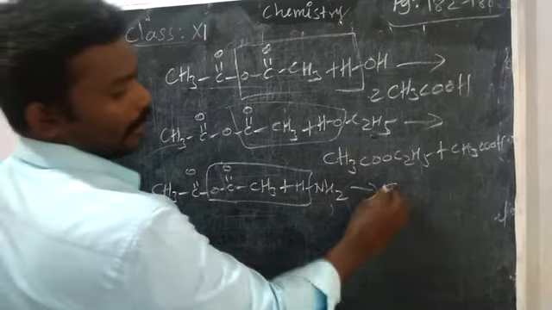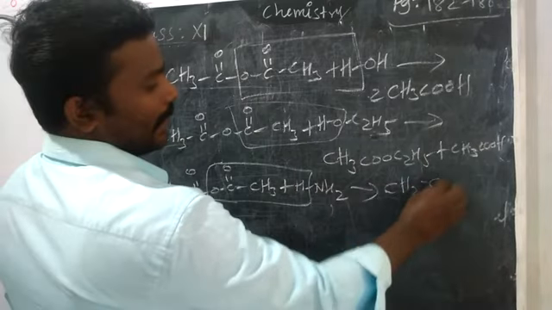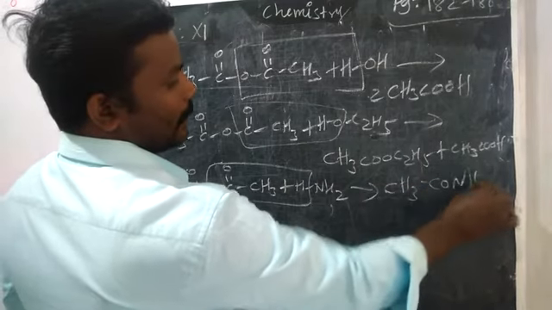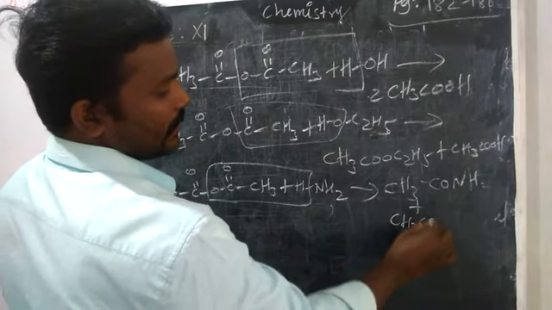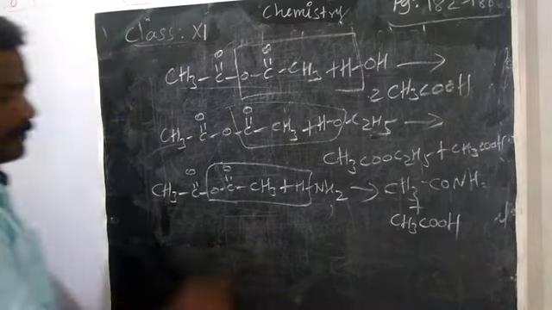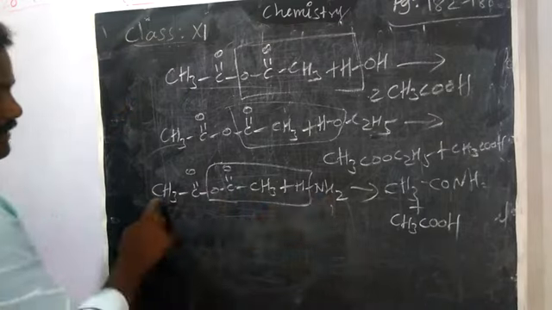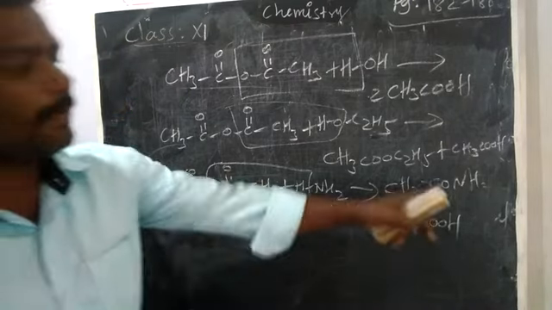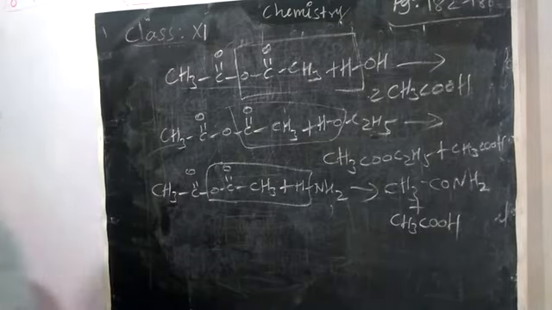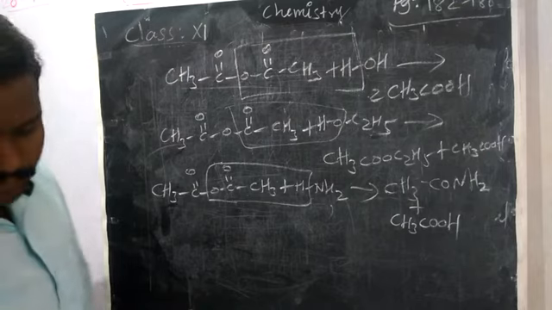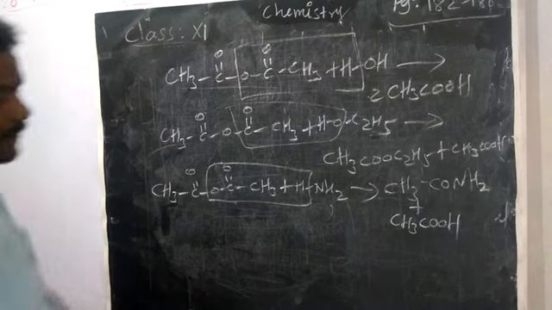The remaining, if you add it, you will get acetamide, CH3CONH2, as well as acetic acid, CH3COOH.